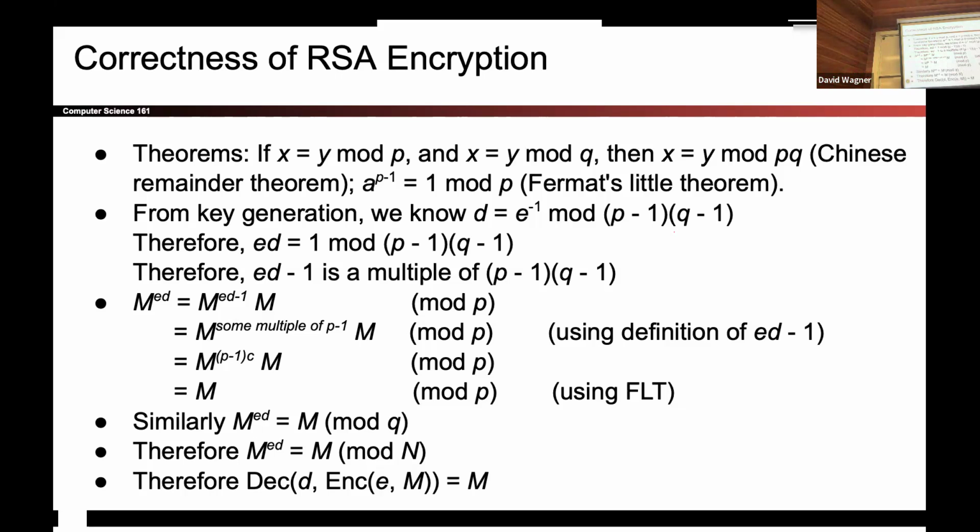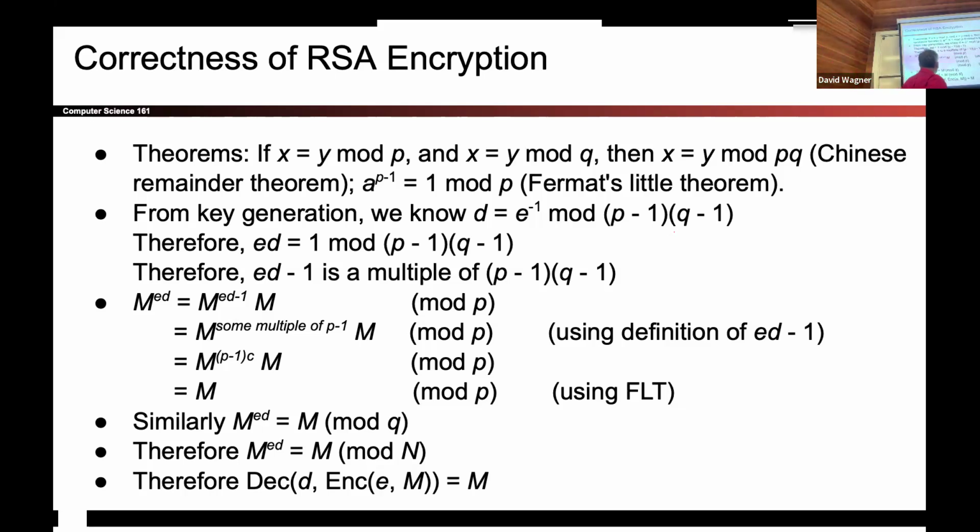So ED minus 1 is a multiple of p minus 1. So this M to the ED I can write as M to the ED minus 1 times M to the 1. And M to the ED minus 1, we previously had something to say about ED minus 1. That's a multiple of p minus 1. So this is M to the p minus 1 times some constant.